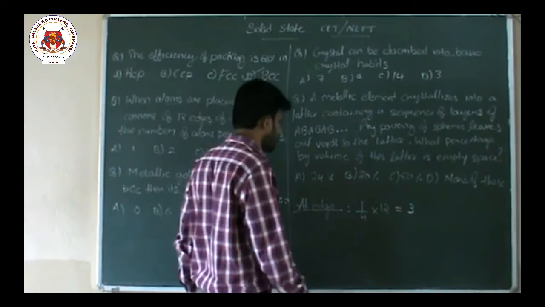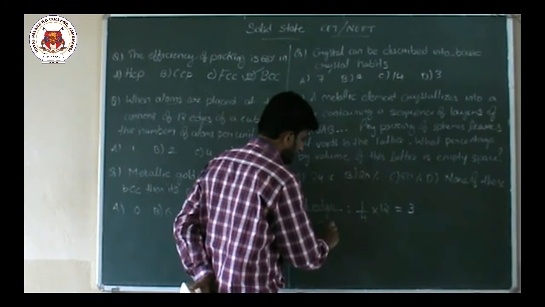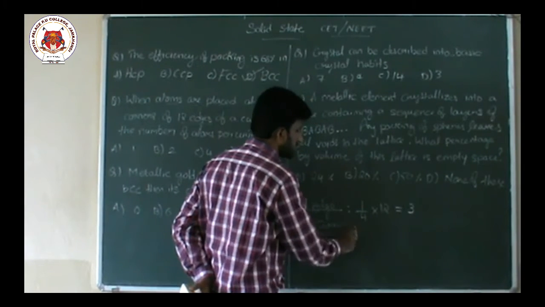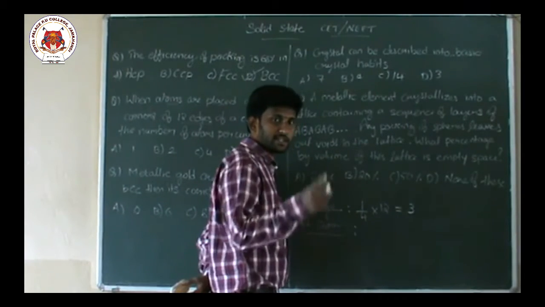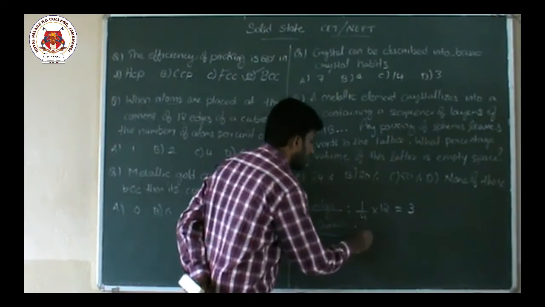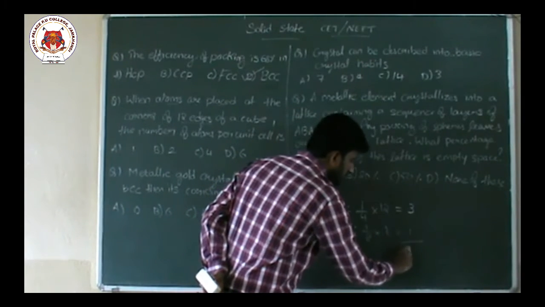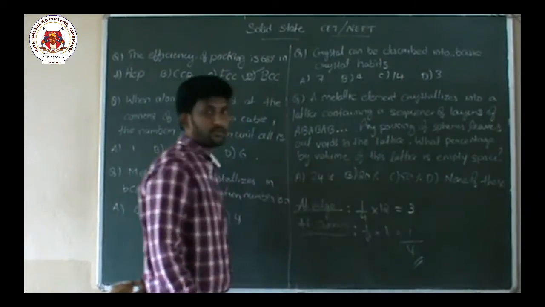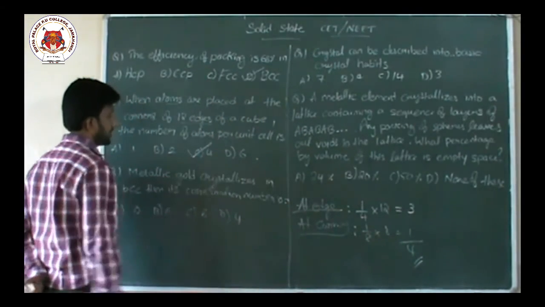So, at corners also the contribution is considered. Along with corners, the 12 atoms at edges you need to consider. So the corner contribution is 1 by 8 into 8, that is 1. That means totally there are 4 atoms per unit cell.